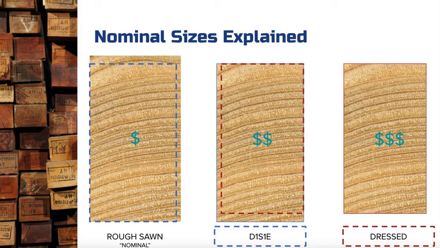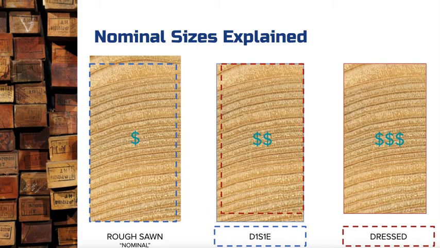Then the timber is put through a planer and a thicknesser, so a jointer planer and a thicknesser, to get one straight edge and one straight side. Now, this timber is referred to as D1S1E, dressed one side and one edge.